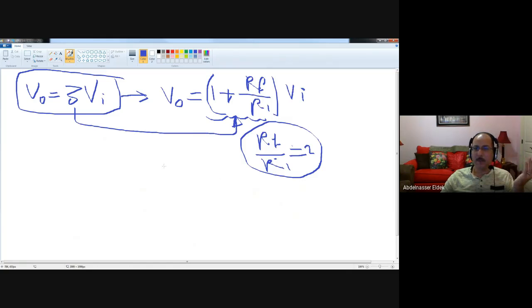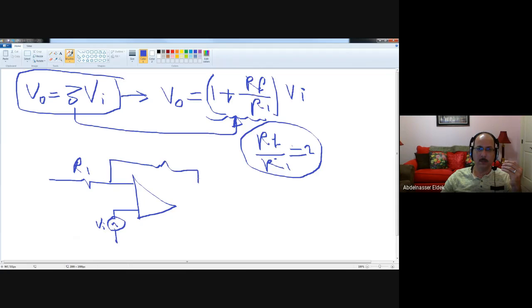Then all you have to do is draw the circuit for the non-inverting amplifier. Here it is. You have a VI here, and you have this one here, R1, and this is R2, and this is VO, and this is RF. Okay, and this is the ground.